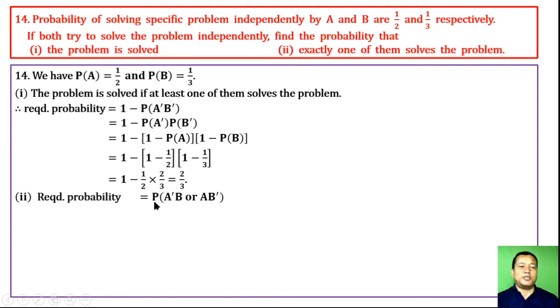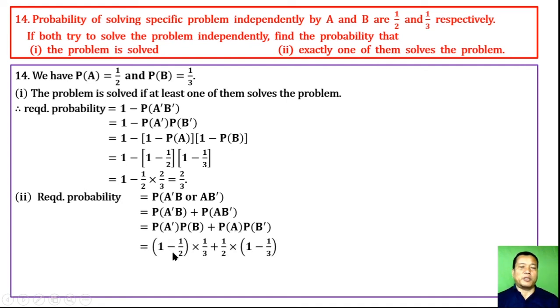Required probability is the probability of not A and B, or A and not B. Its probability is the probability of the first one plus the probability of the second event, and these are also independent. We express it as P of not A into P of B, plus P of A into P of not B. Put their respective values and solve, we get half.